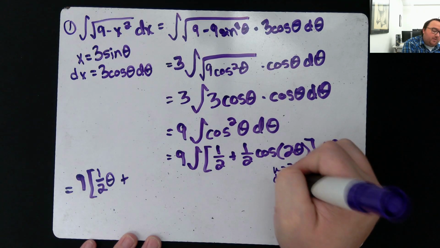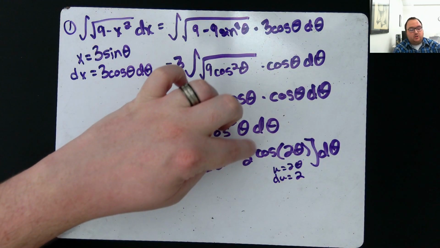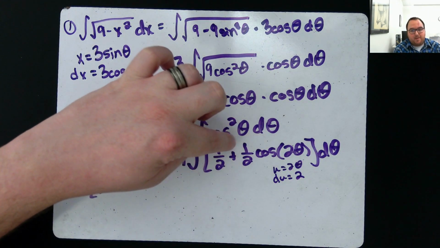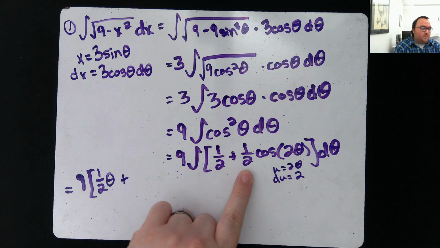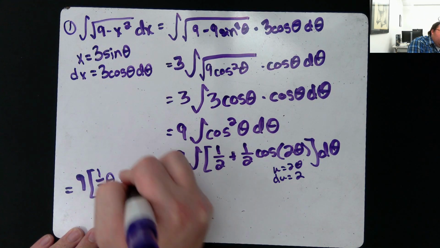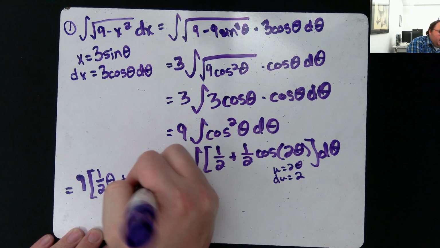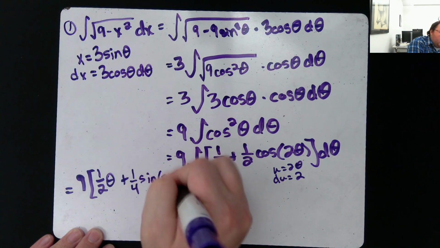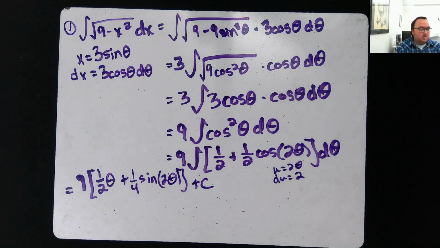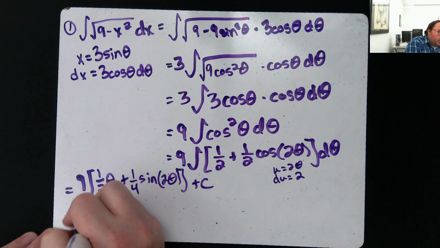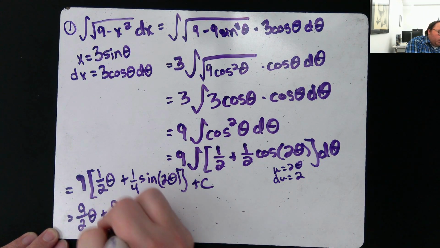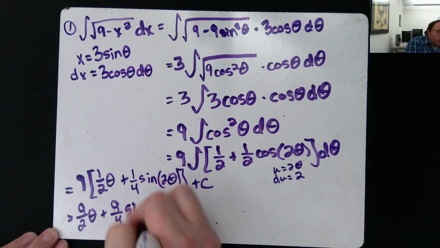So du would have to be 2. I don't have a 2 here, which means I need to times it by 1/2. We did a lot of these our last class, right? Which would make this 1/4. Antiderivative of cosine is sine. Plus c. Distribute my 9 in there. 9 over 2 theta plus 9 over 4 sine 2 theta.